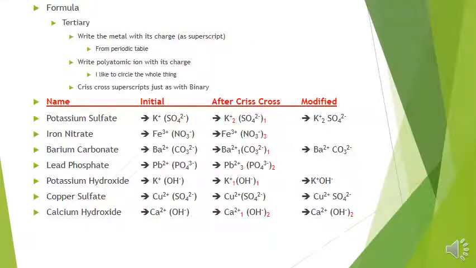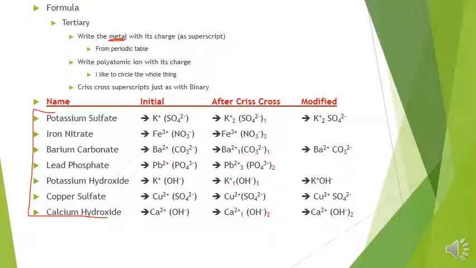Okay, and finally, we're going to go over tertiaries and how to figure out their formulas. Here's a list that I wrote down, and we're going to come up with their formulas. Again, you're going to use the periodic table to figure out the charge on the metal.